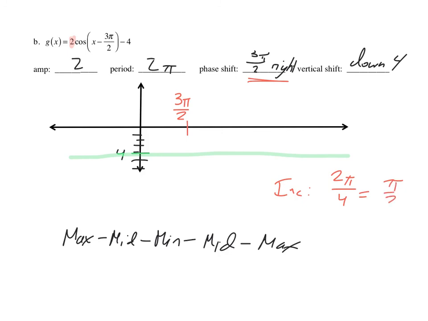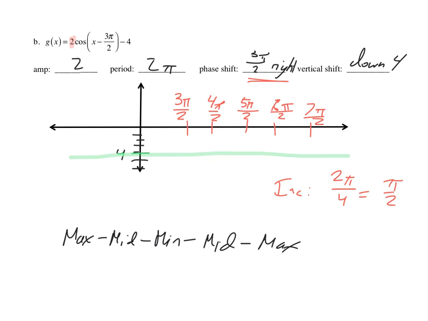So we're going to add on, simplifying that, pi over 2. So my next point is going to be 4 pi over 2, 5 pi over 2, 6 pi over 2, and 7 pi over 2.